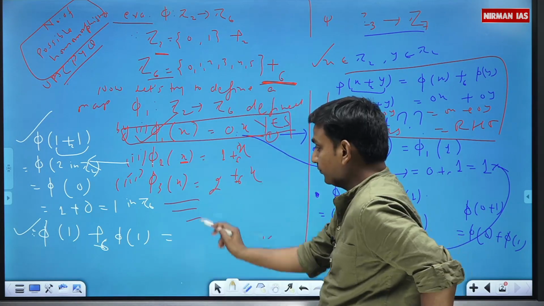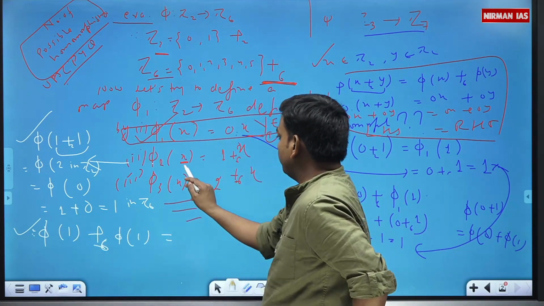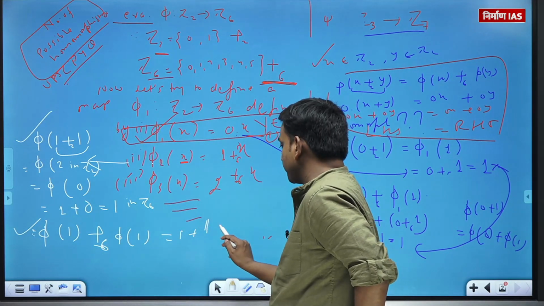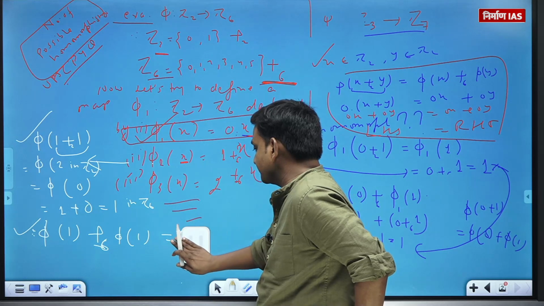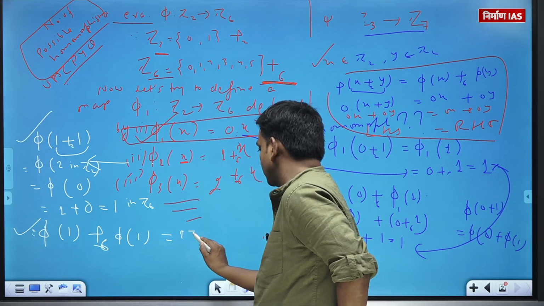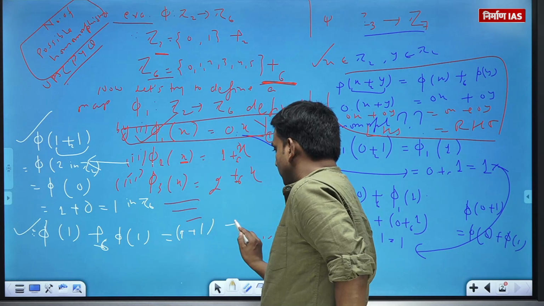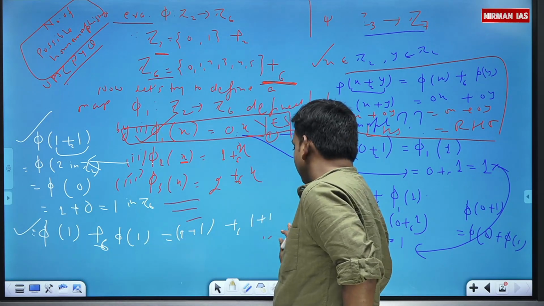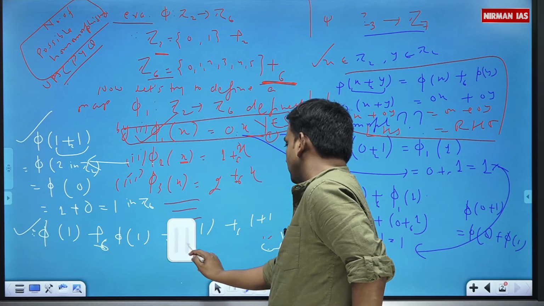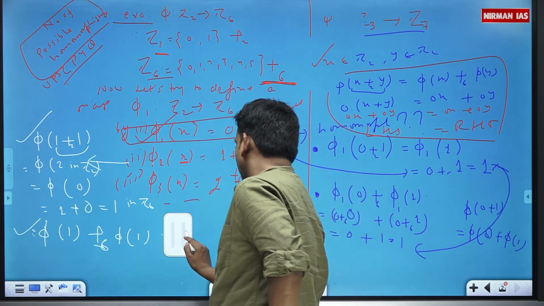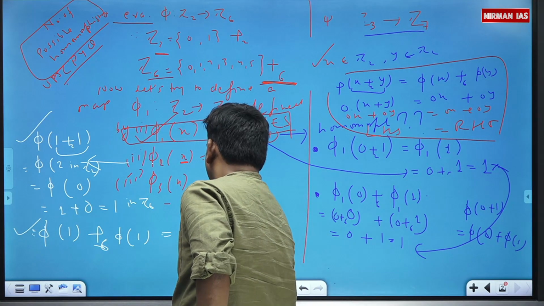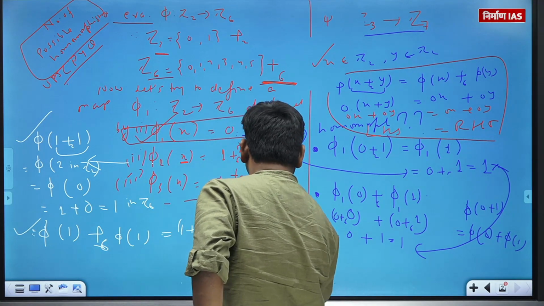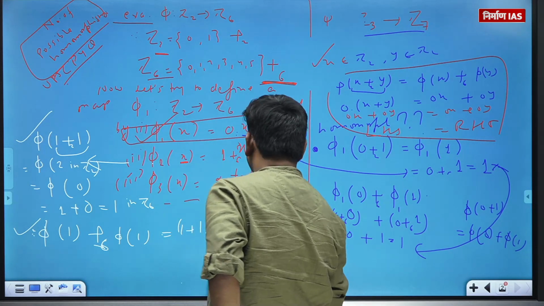So phi of 1 by this formula will be 1 plus 1. What is it coming to? 2 plus 4 in what? Z6.